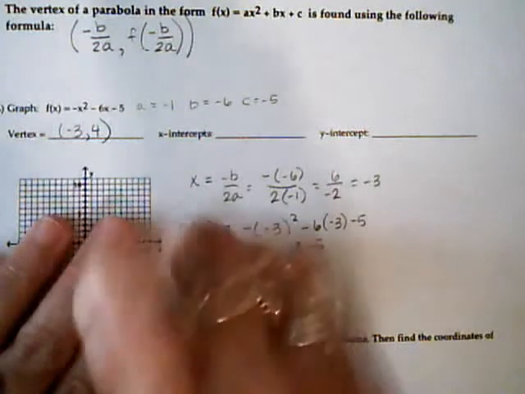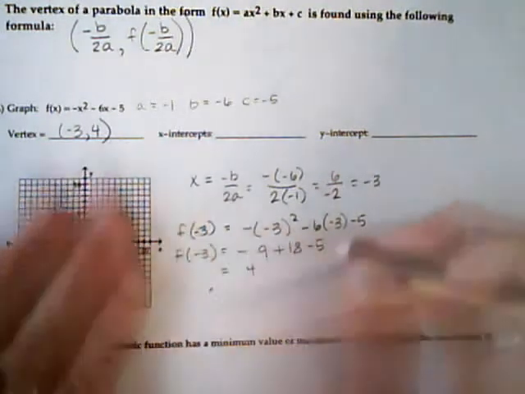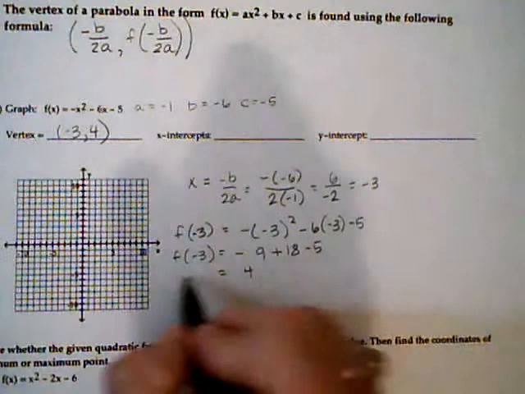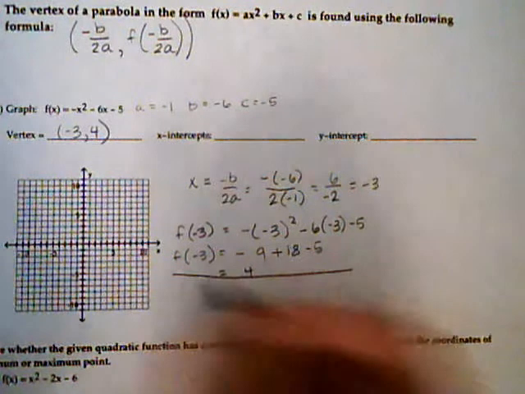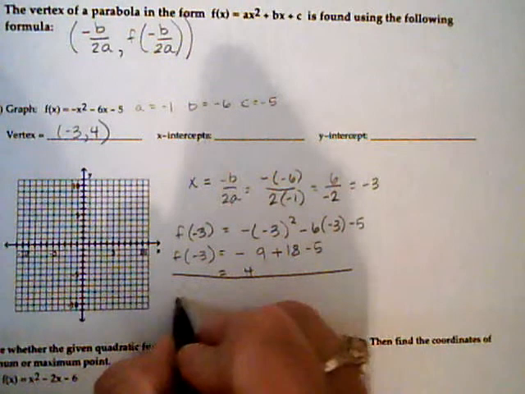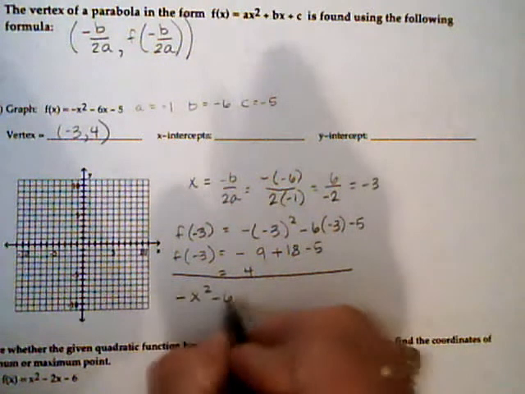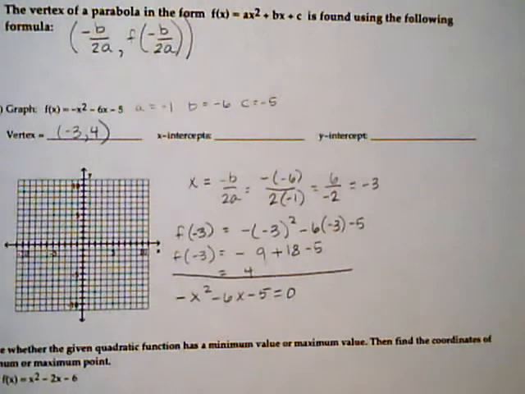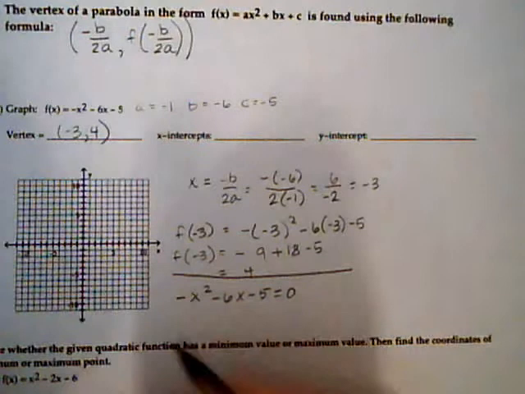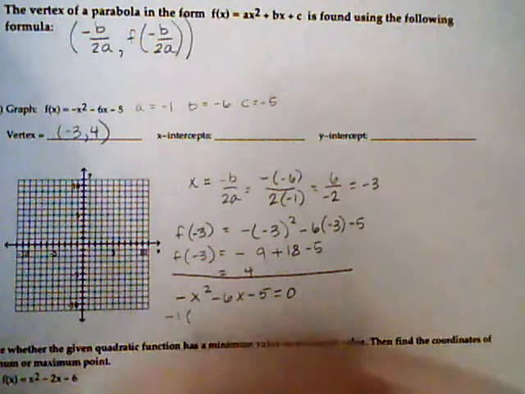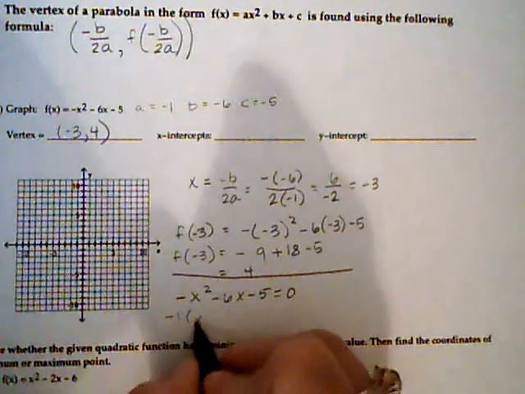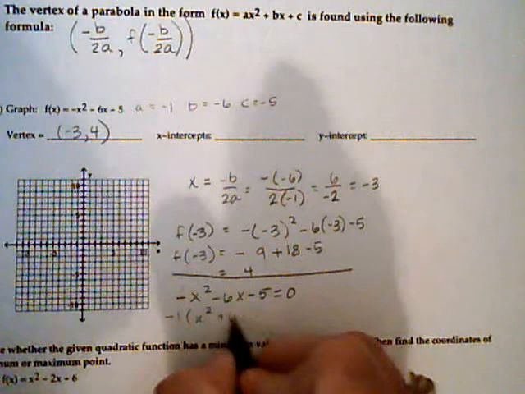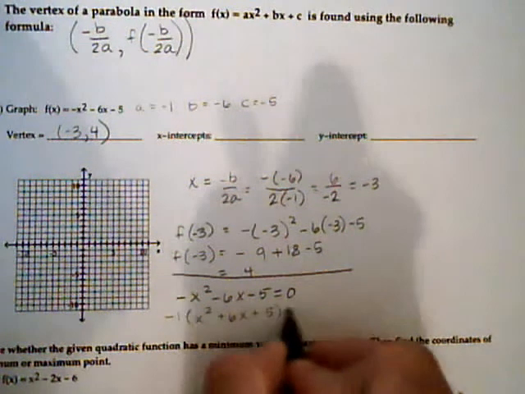Okay, to find our x-intercept, I'm going to use the space I have here. The x-intercept would be taking this equation, setting it equal to 0 to find those roots, or those values. So what I'm going to do is factor out a negative 1, so that I have x squared plus 6x plus 5.